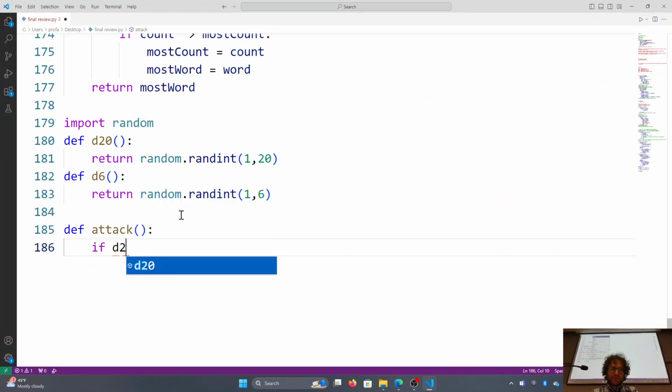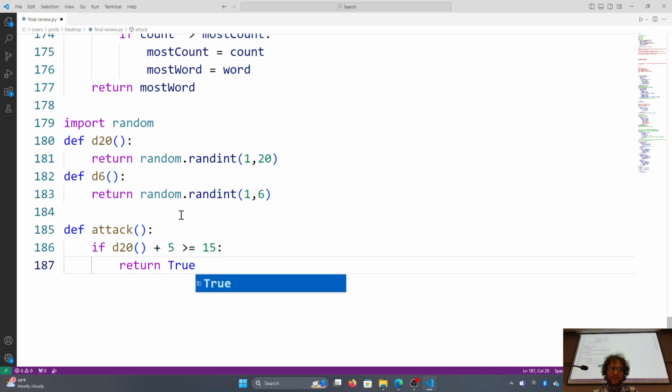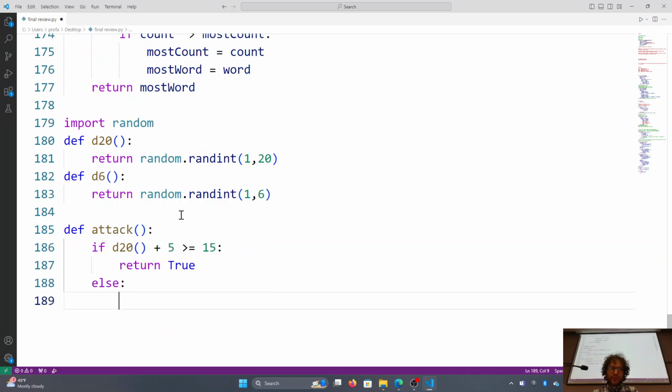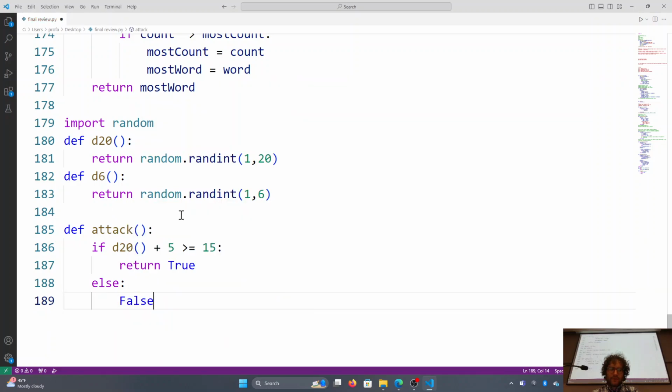If d20 plus 5 is greater than or equal to 15, then return true, else return false. And that's our attack roll function.